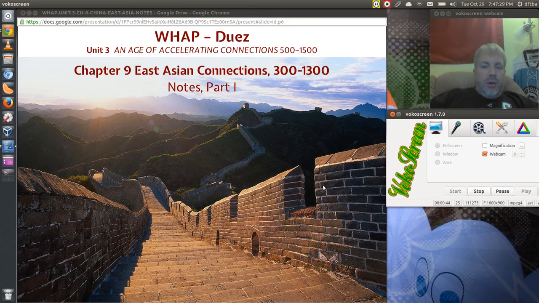During this chapter, you'll find out why. The tribute system kind of points out that the neighbors to the north, who will later become the Mongols, the group that we're going to be more familiar with, these neighbors to the north are of a different sort, a different makeup and different breed than their Chinese neighbors to the south.